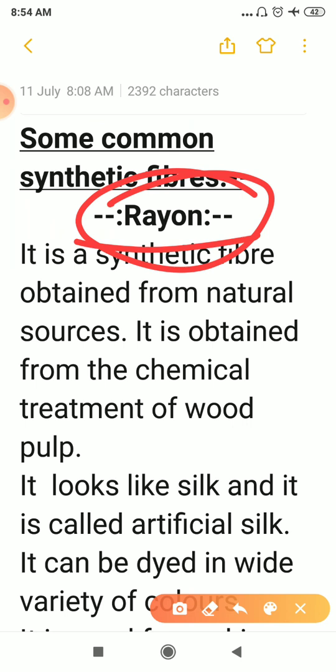How is this prepared? It is a synthetic fiber, but it is obtained from natural sources. Wood pulp is chemically treated to obtain this kind of fiber, and the fabric made from this fiber is similar to that of silk.